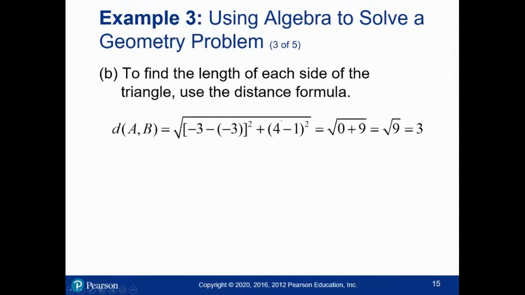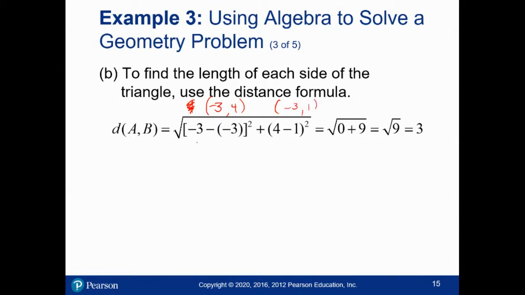Find the length of each side. Okay, so we're just going to use the distance formula. This is the distance formula connecting the point (-3, 4) to the point (-3, 1).